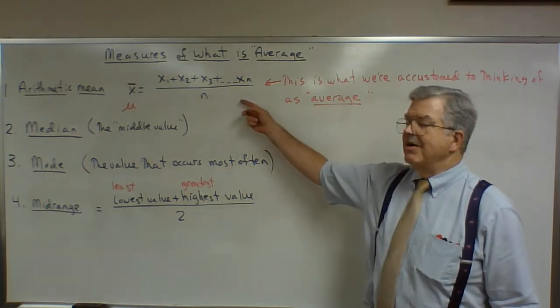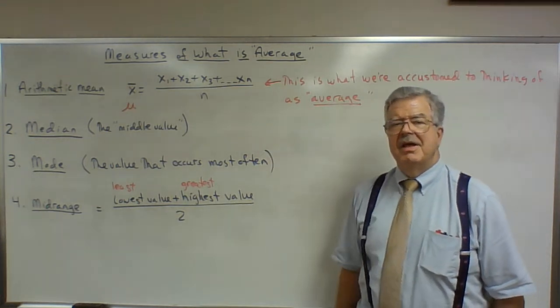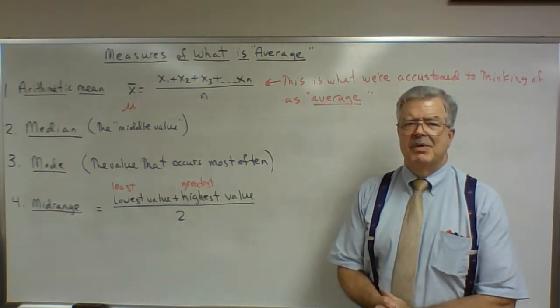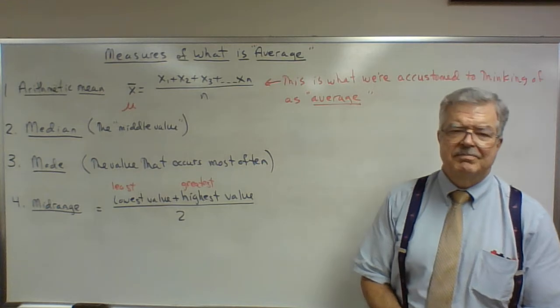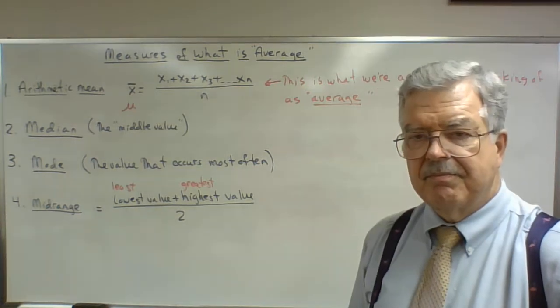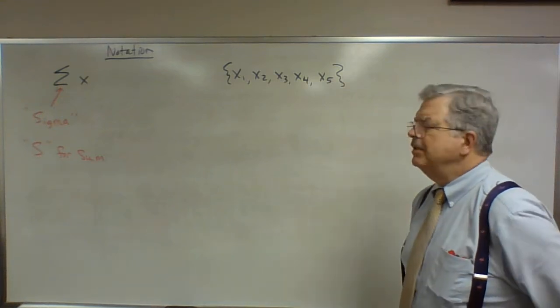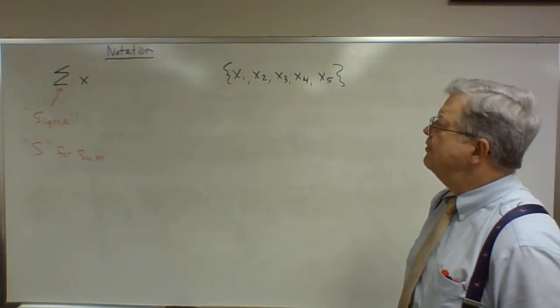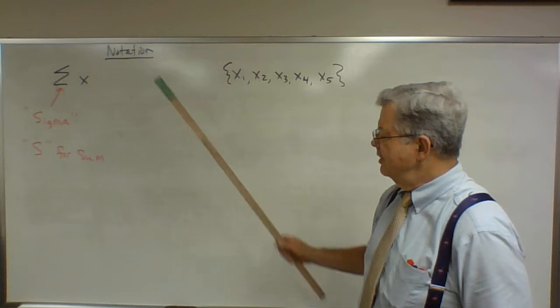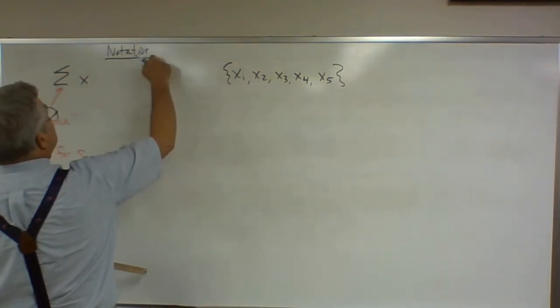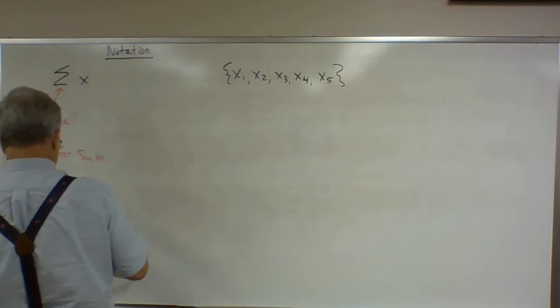We're going to look at the arithmetic mean first. And before we do, I'm going to give some notation that we probably haven't seen. It will be helpful, although not completely necessary, if we introduce a new form of notation.